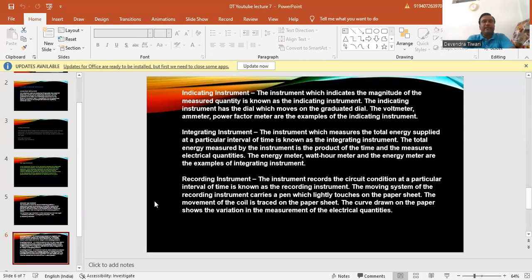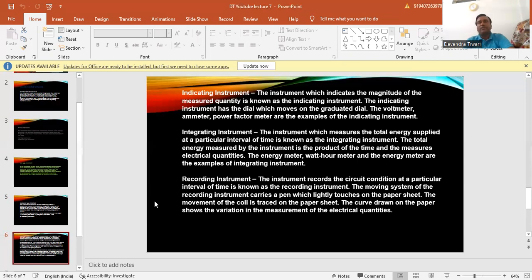Second one is integrating instrument. The instrument which measures the total energy supplied over a particular interval of time is known as the integrating instrument. The total energy measured by the instrument is the product of the time and the measured electrical quantity. The energy meter and watt hour meter are examples of integrating instrument.